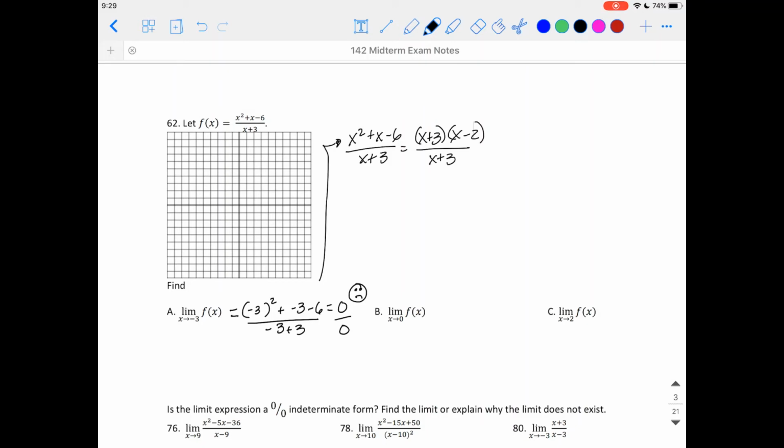And so if you notice here on this one, it's all highlighted. This and this are the exact same factor in the numerator and the denominator. So now we're going to simplify it.